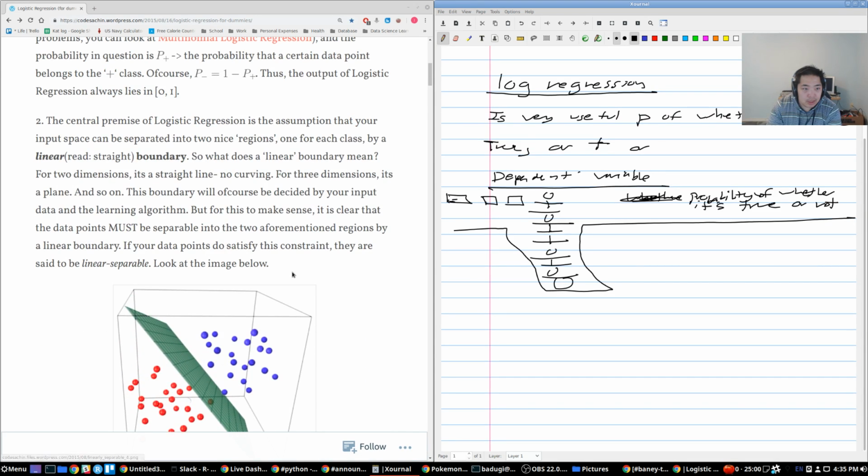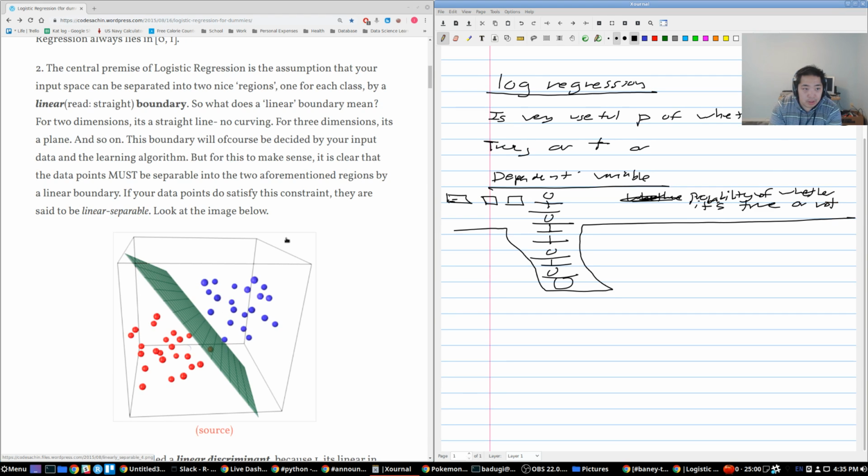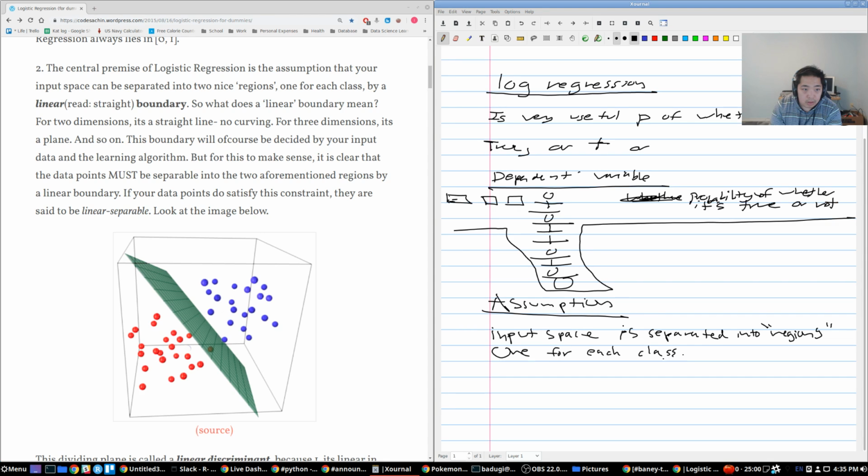First of all, the central assumption of logistic regression is that the input space is separated into regions, one for each class, by a linear boundary.